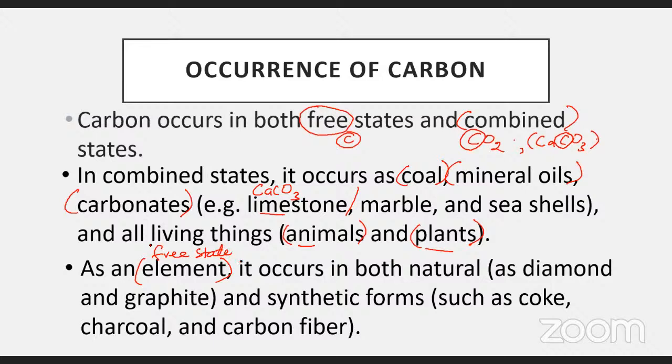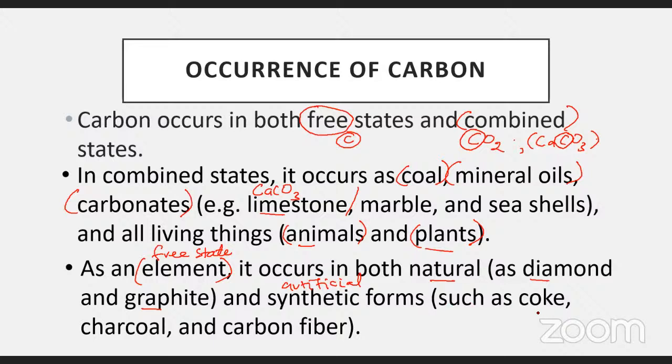In other words, when we say carbon in a free state, it means it can't be split into any other simpler substances. And we say as an element, it occurs in both natural forms, that is diamond and graphite, and also synthetic forms. When we say synthetic forms, these are kind of artificial.